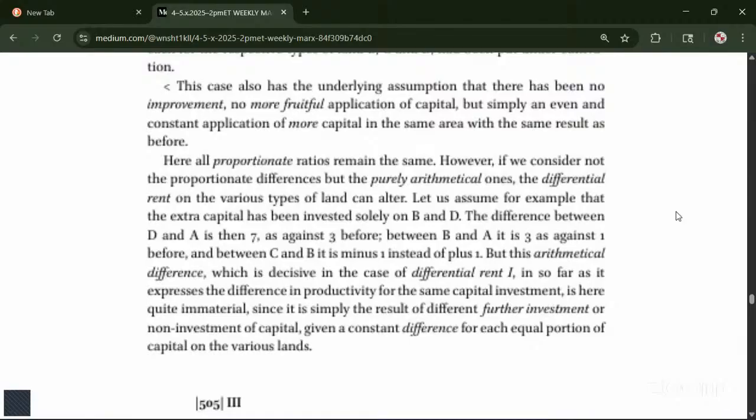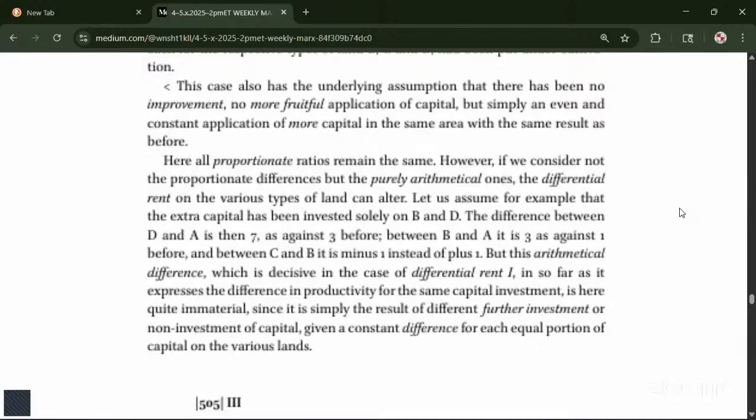But this arithmetical difference, which is decisive in the case of differential rent 1, insofar as it expresses the difference in productivity for the same capital investment, is here quite immaterial, since it is simply the result of different further investment or non-investment of capital, given a constant difference for equal portions of capital on the various land.